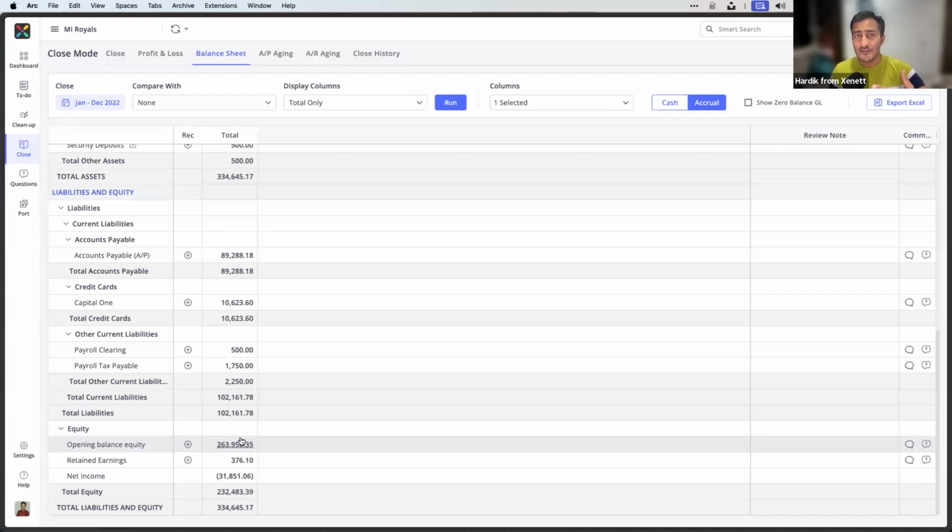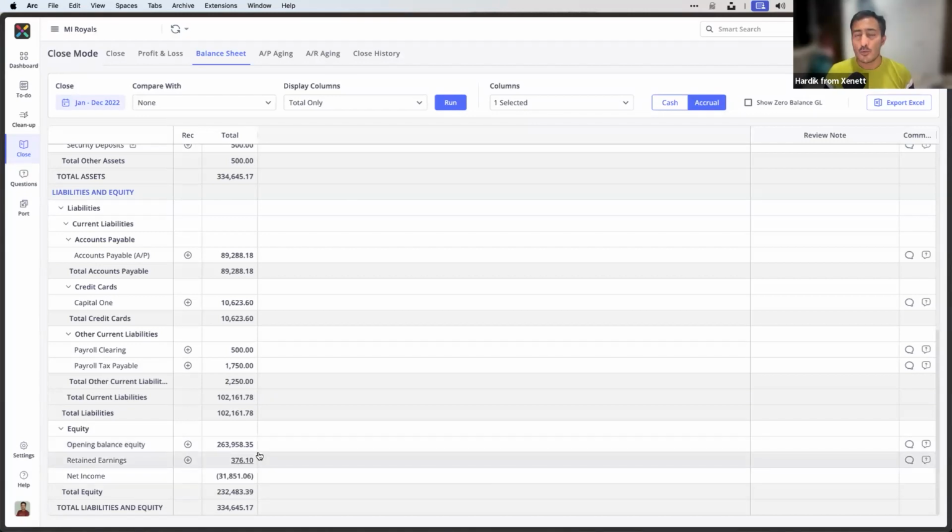If it is a partnership firm, you have a different chart of accounts and different transactions recorded that way. If it is an S corporation, then you also have a different chart of accounts. So depending upon the type of entity the business is, you need to have a proper equity structure in place.